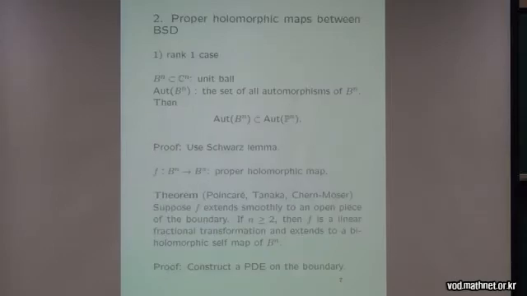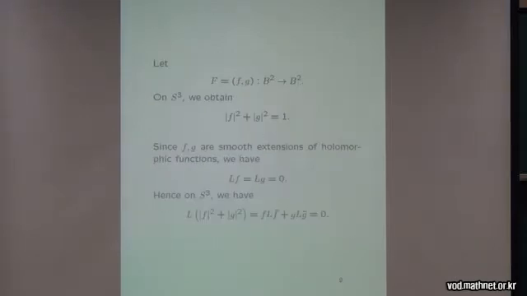Then we differentiate this equation. Since f preserves the boundary, on S3, this map satisfies this simple equation. Then since f and g are extensions of holomorphic functions, we apply the Cauchy-Riemann operator, then this must be 0. So we apply this to this, then we have this equation.